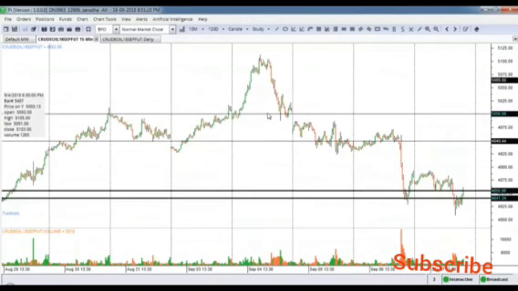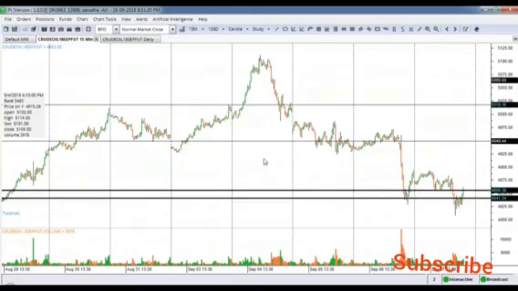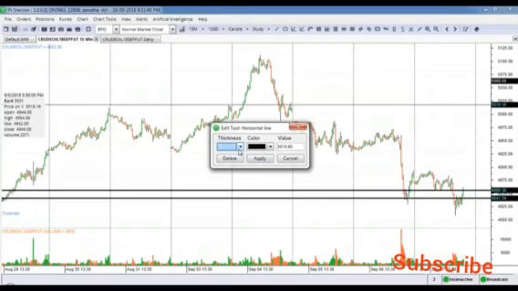Okay. On this day, is this an important activity? It tried going up and it went back. By the end of the day, it closed inside, right? Is it a level formation like we did here? Yes or no?